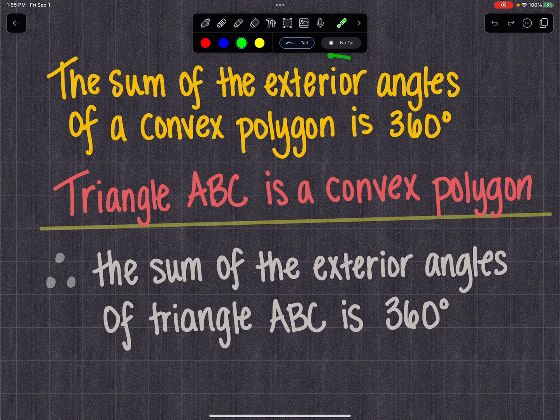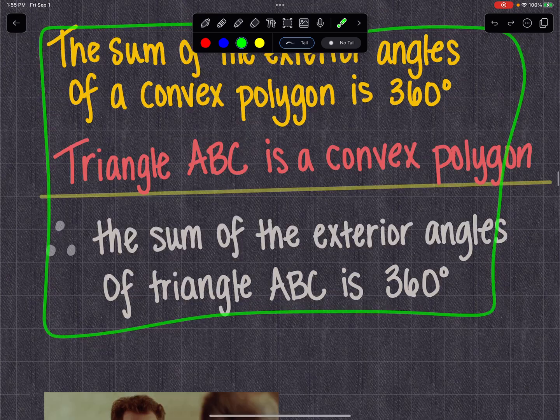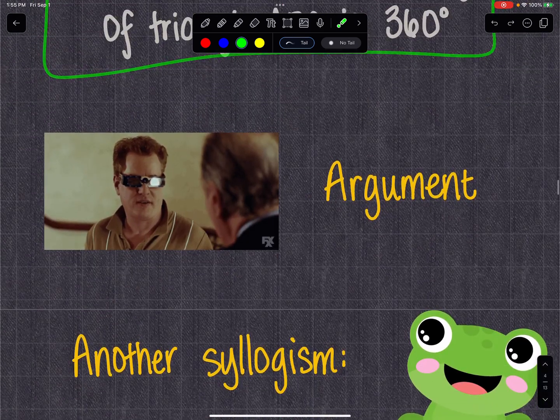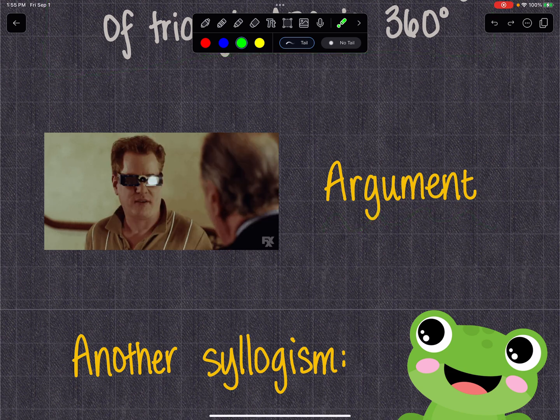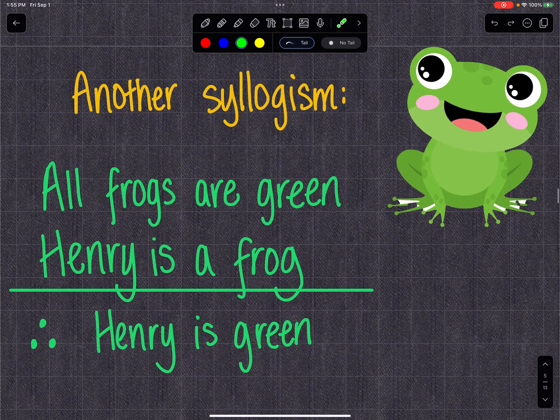Okay, and then that's the argument. When you have a whole set of statements like this, it is actually called an argument. If you were presenting this information in court, then the jury would have to agree with you because you presented your argument. All right, here's another syllogism that we can look at.